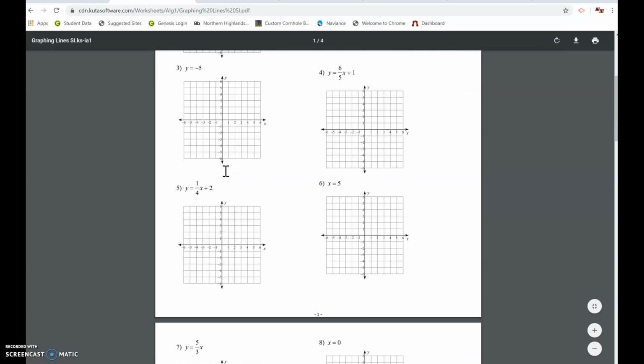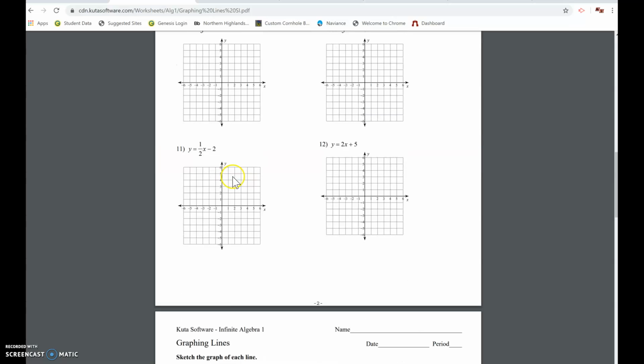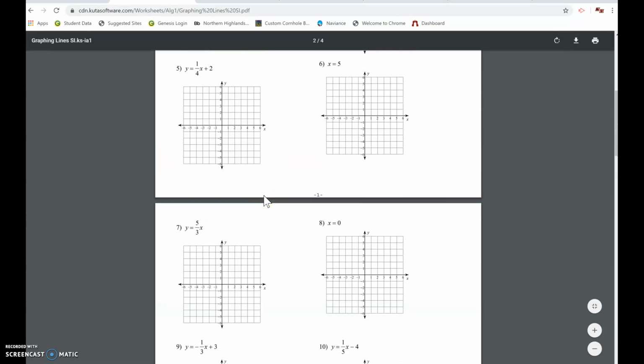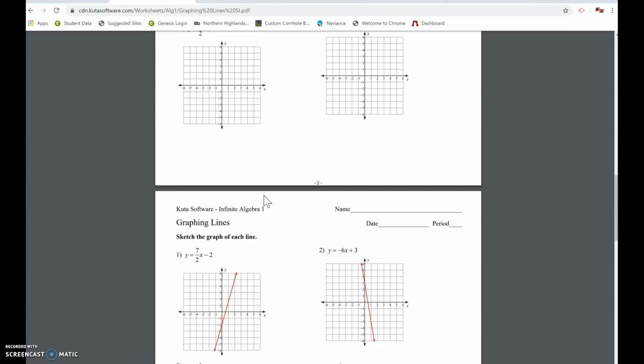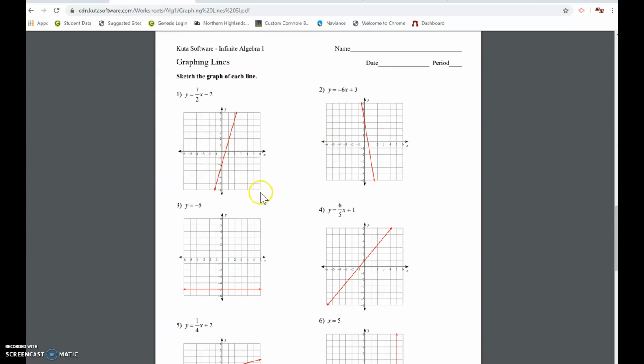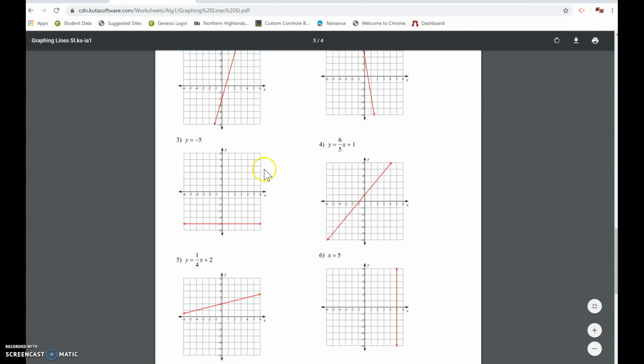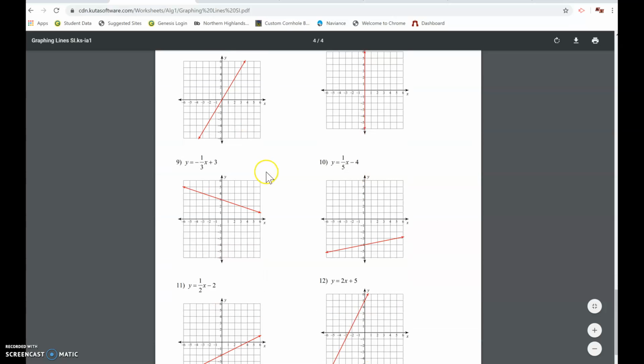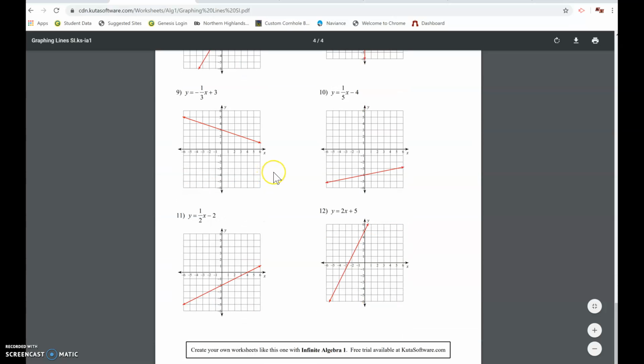There's approximately 12 questions on this problem, which is a good problem set for classwork, and the students can also see the correct graphs in an answer key afterwards to check their work.